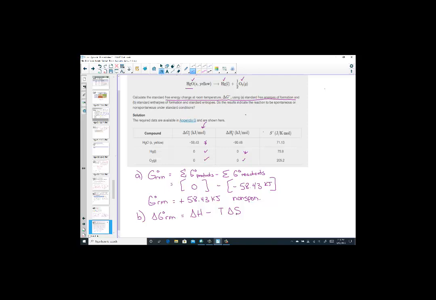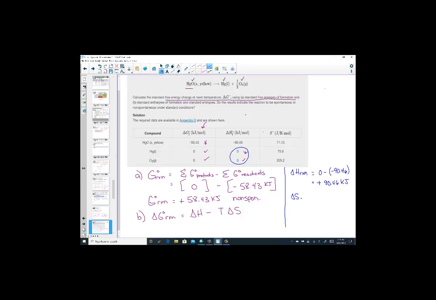Now, we have a little work to do to find delta H of reaction. Notice again, these guys are both assigned a 0. And so the enthalpy becomes 0 minus a negative 90.46, which simply becomes positive 90.46 kilojoules.